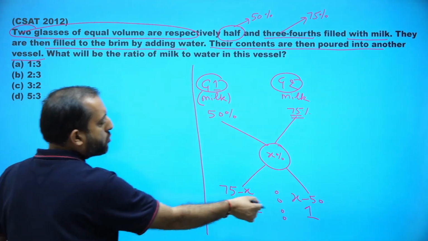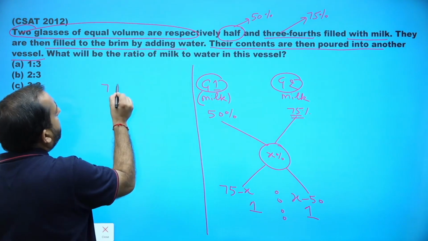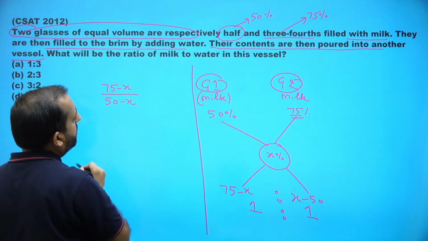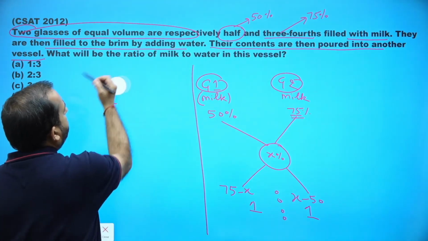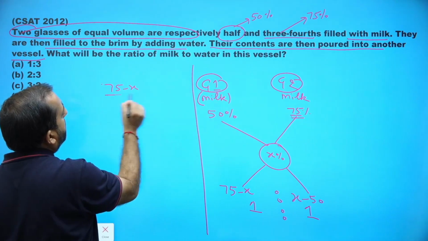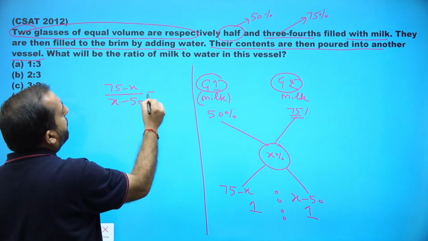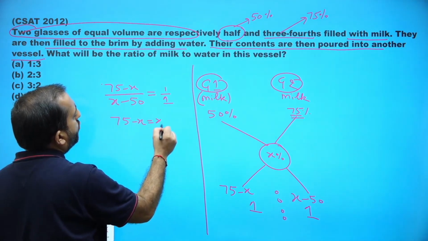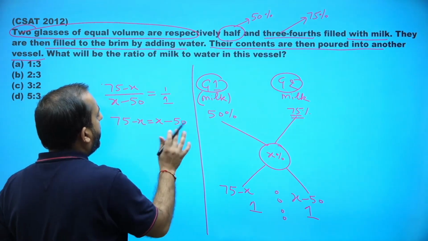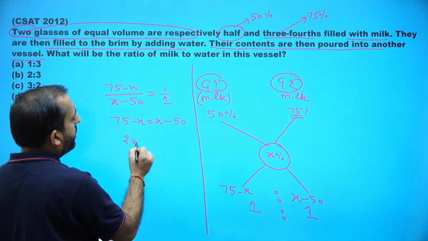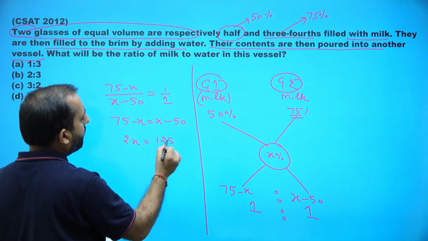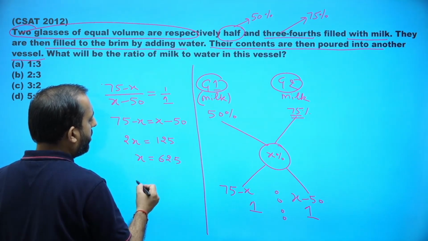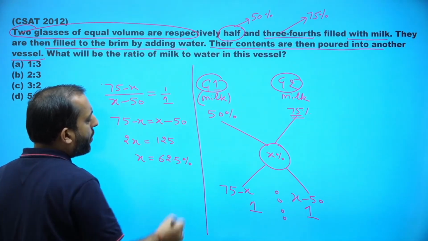Which means 75 minus X upon X minus 50 must equal 1:1, which means 75 minus X is equal to X minus 50. If we solve this, it becomes 2X equals 125, X equals 62.5. So X is 62.5%.